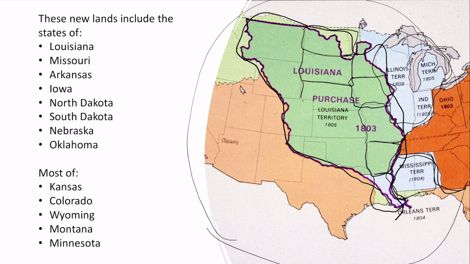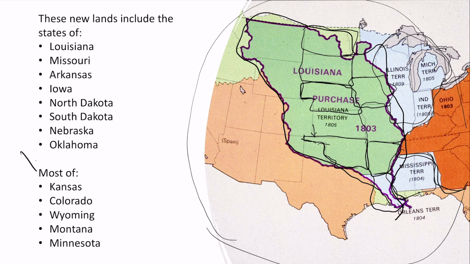And then this state here, you can kind of see me outline it. This is Nebraska. And then Oklahoma is down here in this state. It's the one that kind of looks like a pan, or a pot. You can see the handle here, and then this is the pot itself.